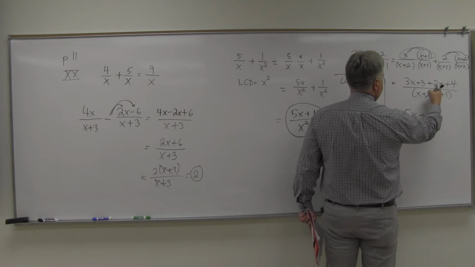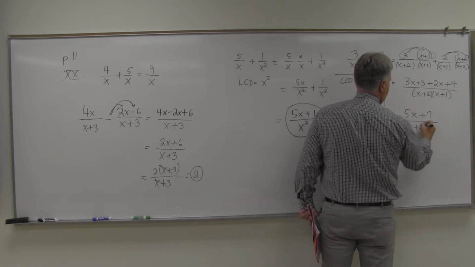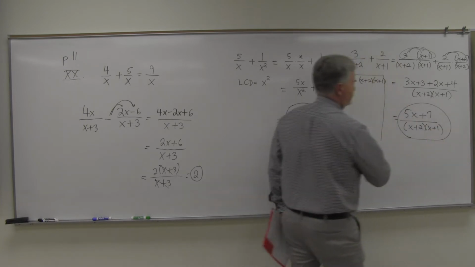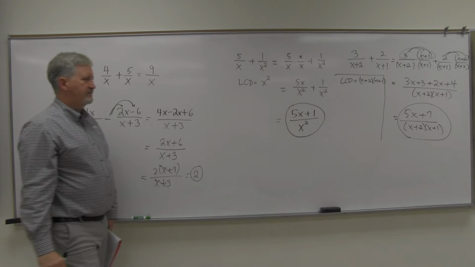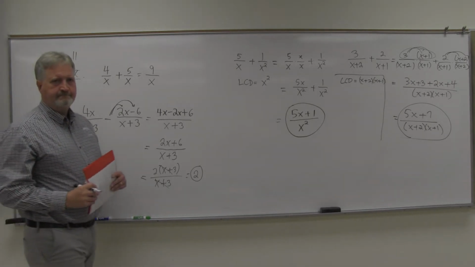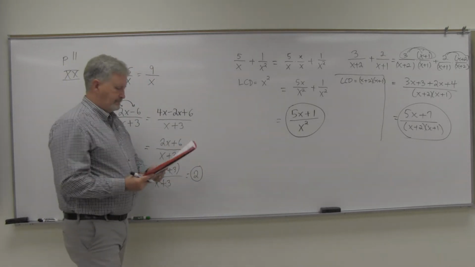So you got 3x and 2x, so that's 5x, 3 and 4 is 7. Ta-da. Final answer. Nothing cancels, nothing factors. That's it. Question? Not too bad.